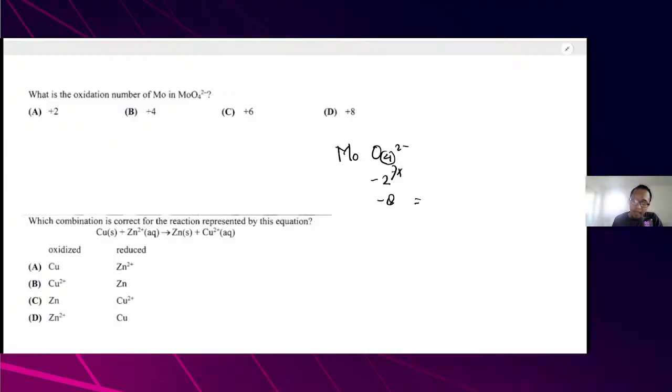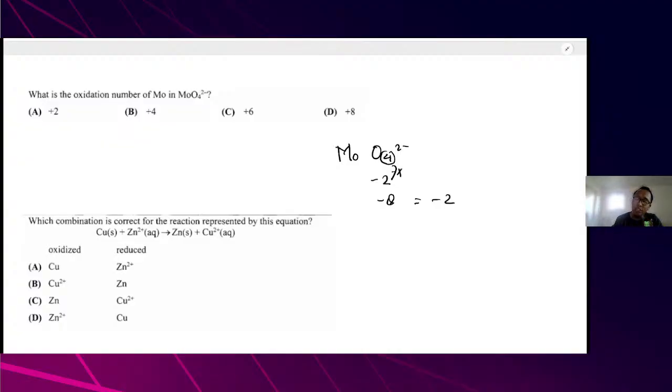The overall charge of the ion is minus 2. Remember, oxygen is always minus 2. There are 4 atoms, each minus 2, so the total is minus 8.